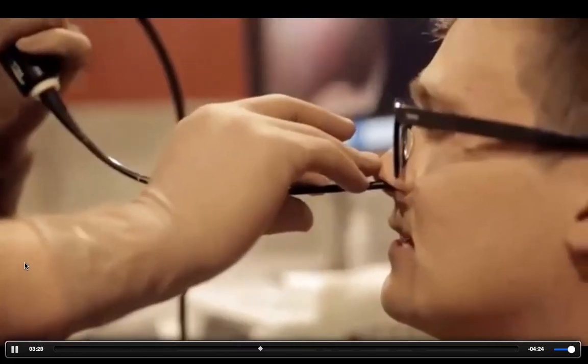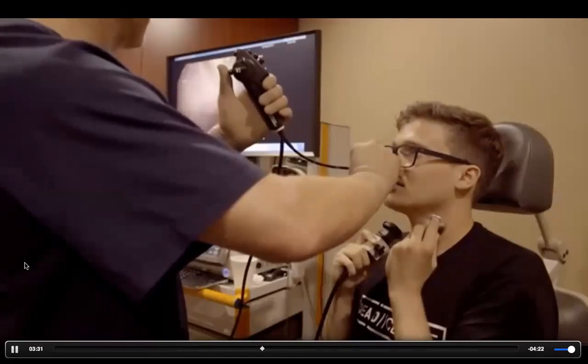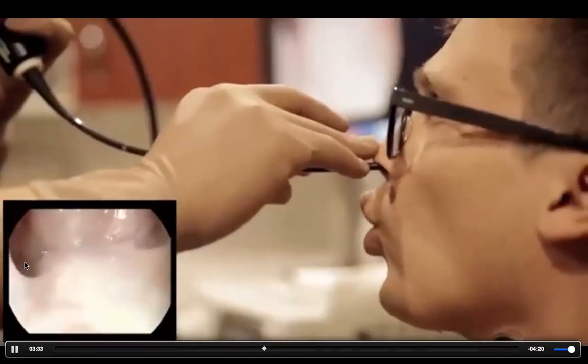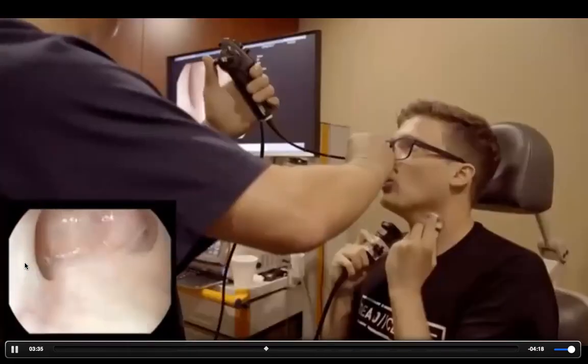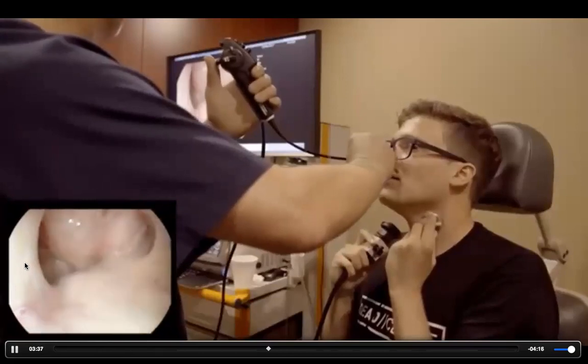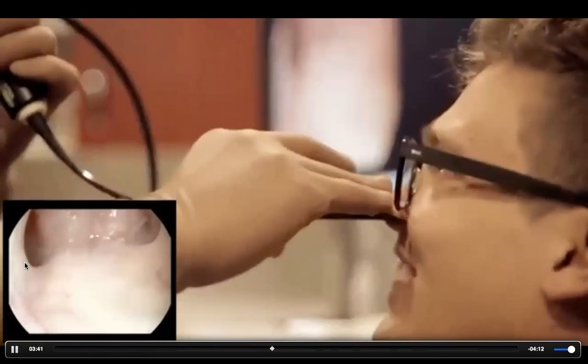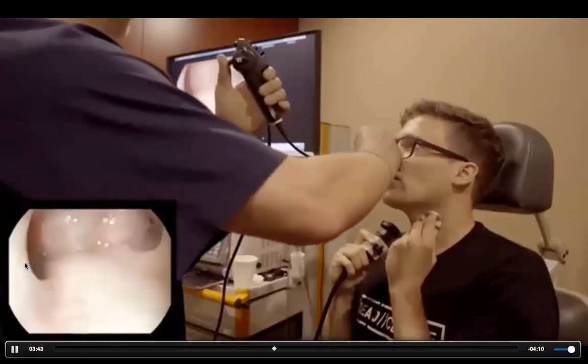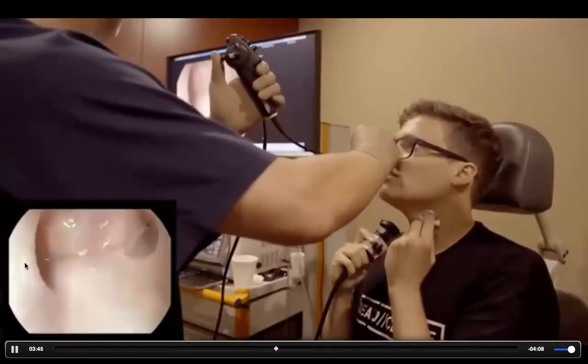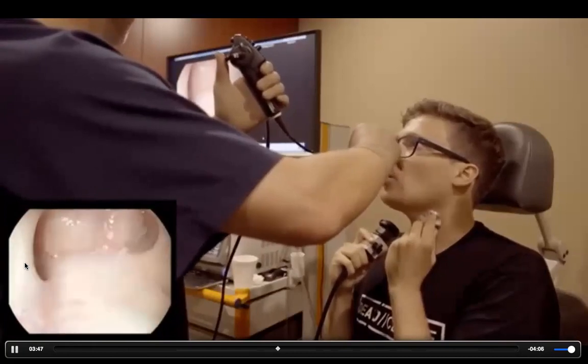Wow. I'm judging by everybody's reactions right now. It's looking pretty weird. So that's the soft palate closing up against the nasopharynx.